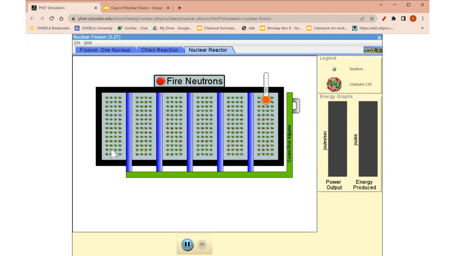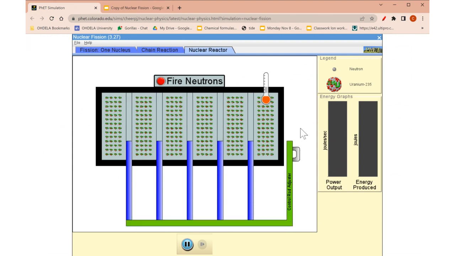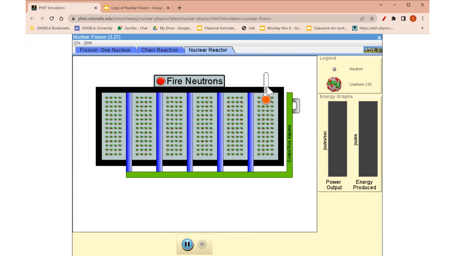So we have uranium or plutonium in these stacks, and they're separated by control rods, and you can move these control rods up and down. This is a thermometer, and this is how much energy is produced, the power output. So we can fire a neutron.